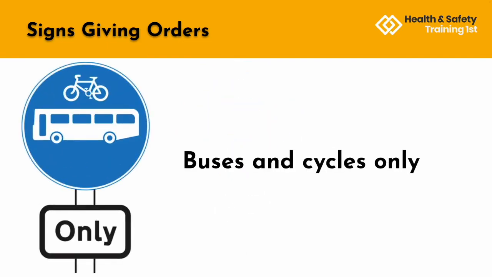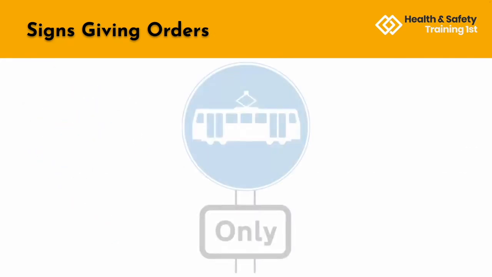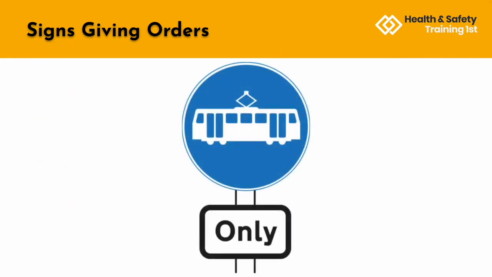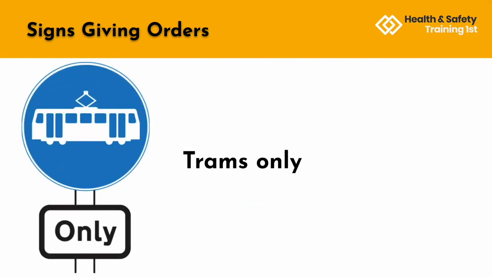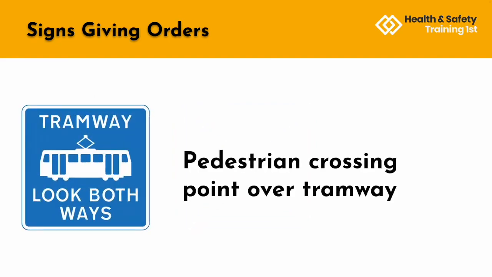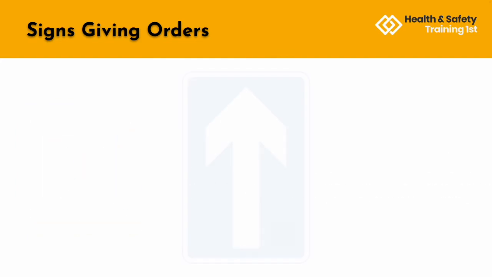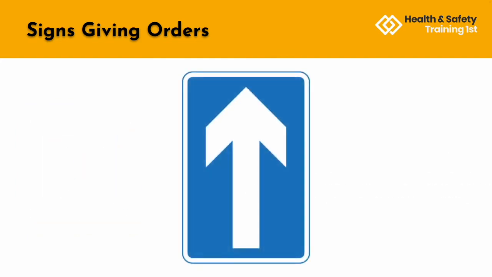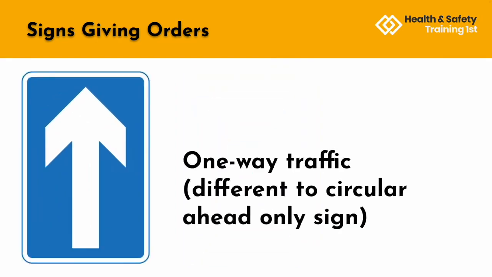Buses and cycles only. Trams only. Pedestrian crossing point over a tramway. One-way traffic.